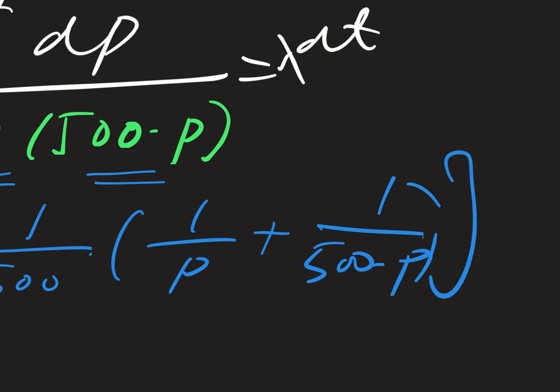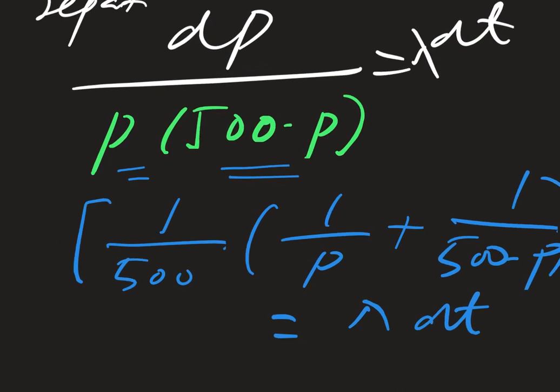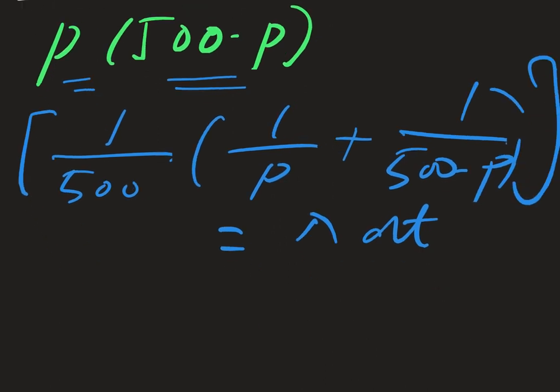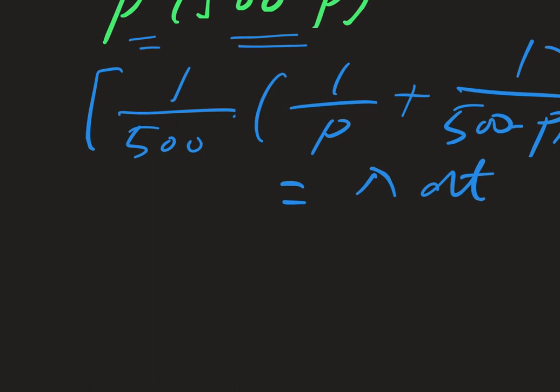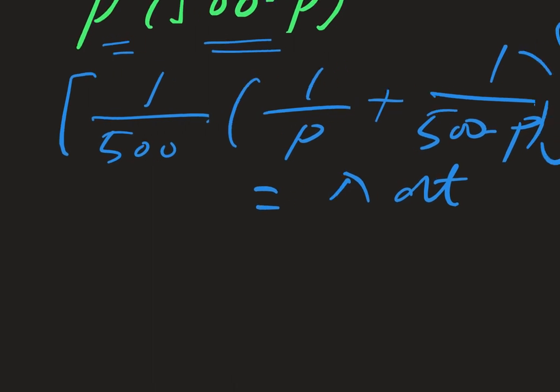I'm not going to dilly-dally with the partial fraction because I think it's a waste of time. Why? Very simple, I can cancel it off. You need to do some mental calculations. On the top, 500 minus P plus P is 500, and the bottom is P times (500 minus P). I like to use bottom and top. So now we integrate both sides.